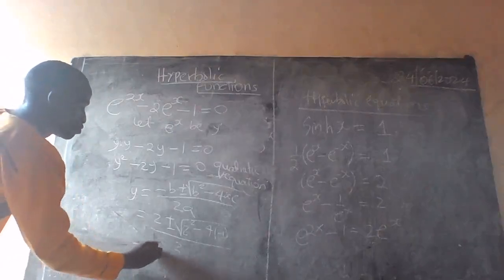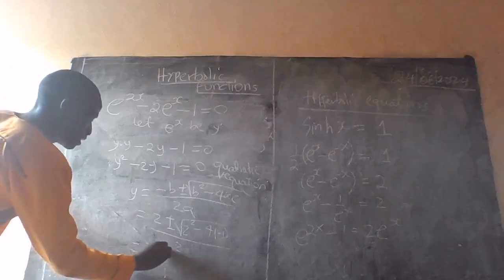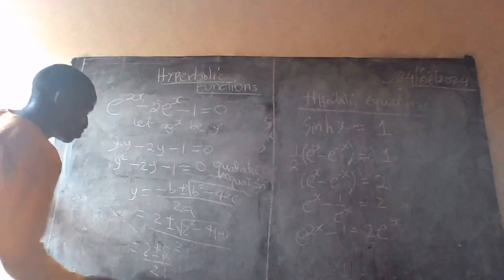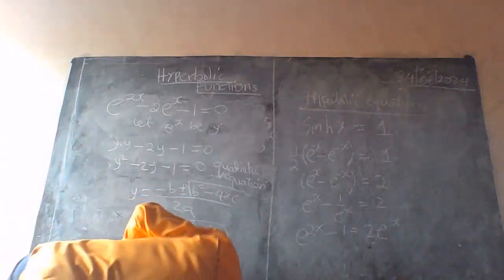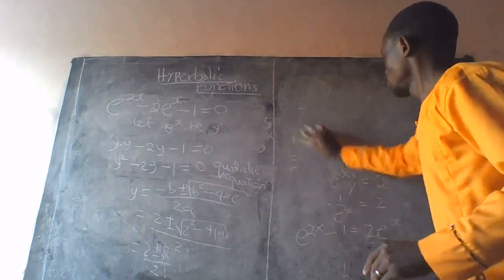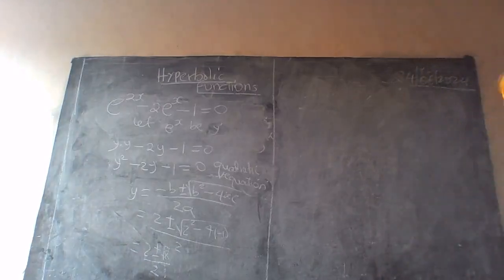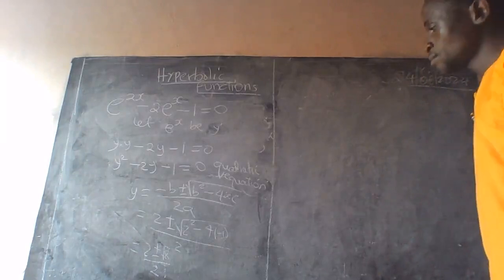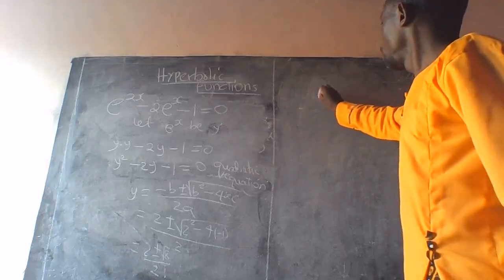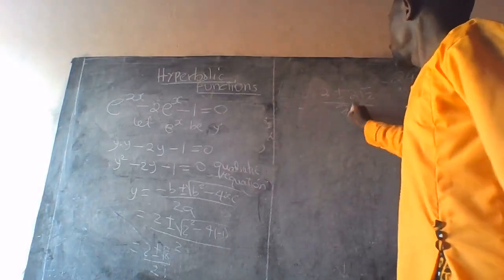So the answer is going to be 2 plus or minus the square root of 8, all over 2. So as you can see, we are going to have 2 plus or minus 2 root 2 all over 2.